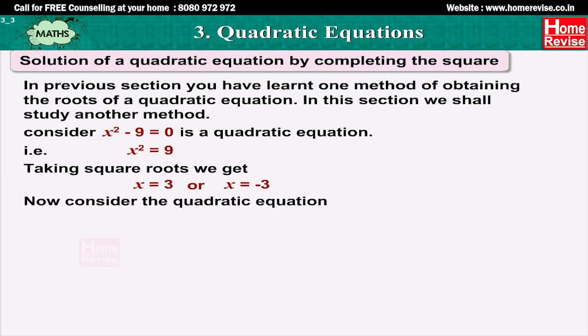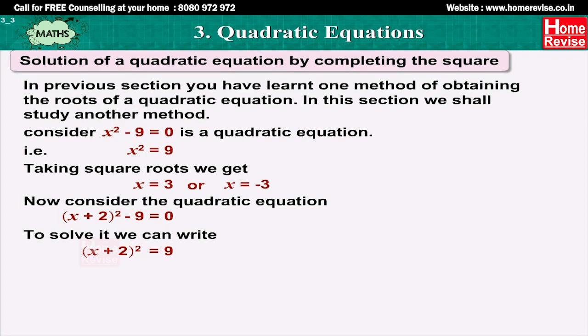Now, consider the quadratic equation (x plus 2) the whole squared minus 9 is equal to 0. To solve it, we can write (x plus 2) the whole squared is equal to 9.